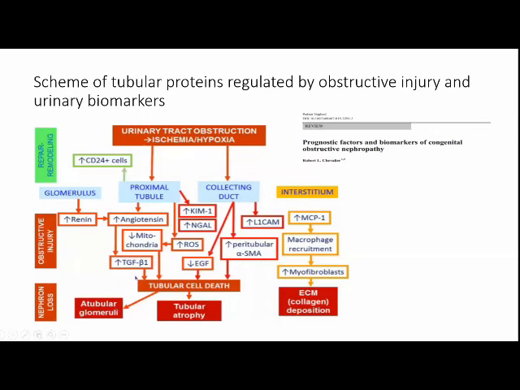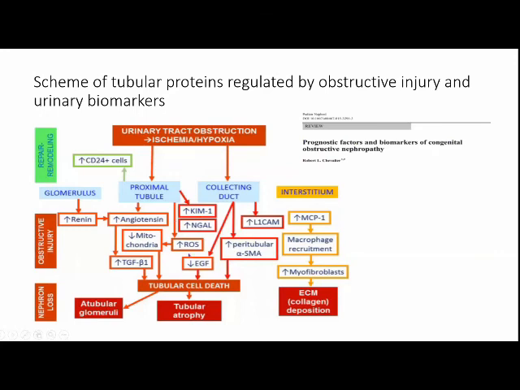So if there is an increase in TGF beta 1 in the urine, we can take it as a biomarker. One more thing is kidney injury molecule 1, and neutrophil gelatinase-associated lipocalin. An increase in NGAL is also one of the biomarkers for the proximal tubule, sir.